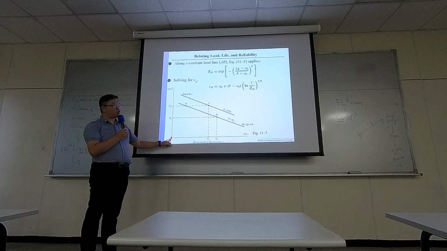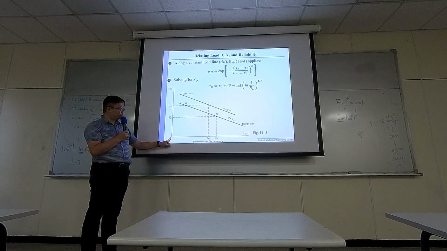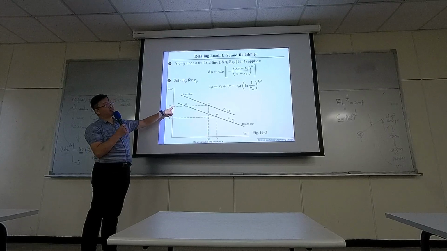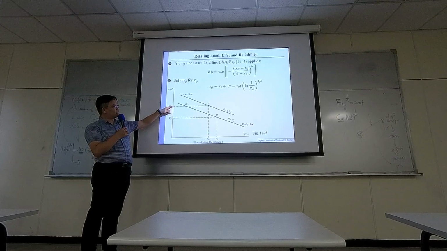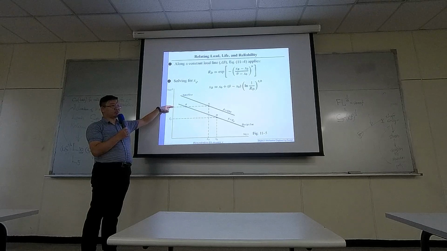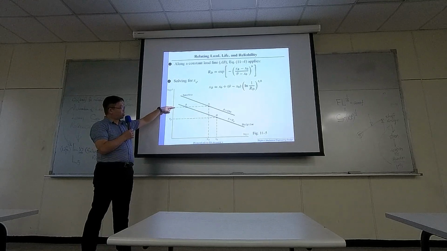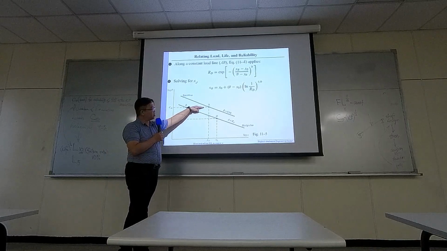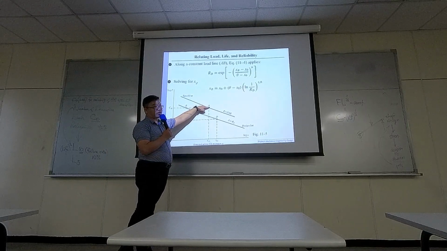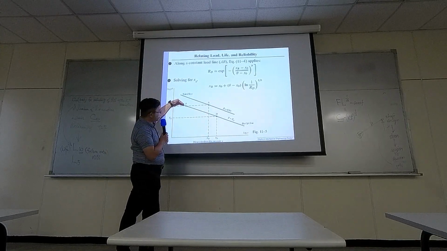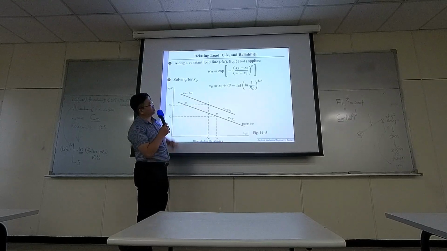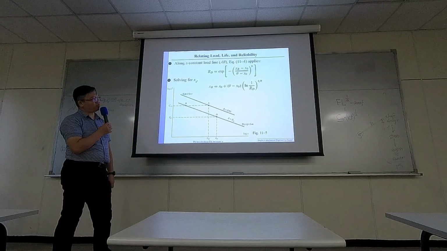Initially, when there is no revolution, if this is 0, then right here reliability is 100%. So when it operates up to here, maybe 95%, and then reaches here, that's 90%. So the reliability drops, and that dropping is going to be described by the Weibull.